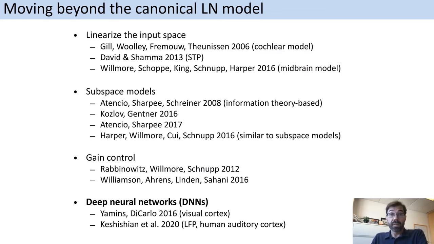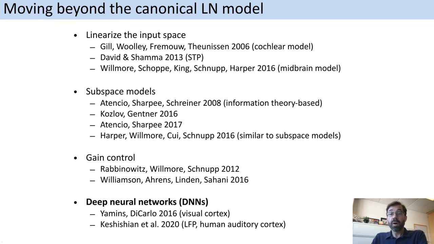This problem is well known, and a number of efforts have been made in past decades to develop models that can perform better than the STRF. I don't have time to go into all the details of these models because there are quite a few, and they've taken different approaches to extending the STRF, either using ideas of different biophysical properties present in the system, or using more general approaches to expand beyond the linear representations to various nonlinear interactions that can be observed between features.